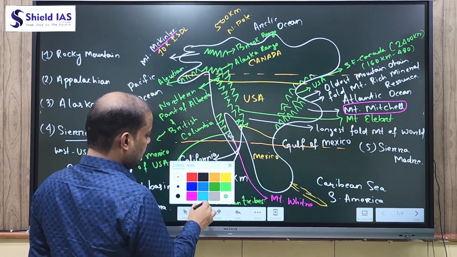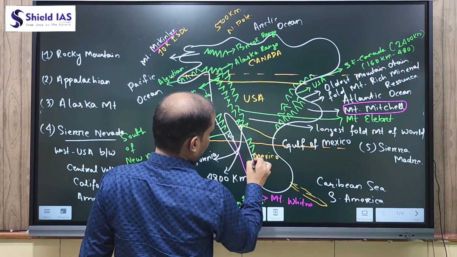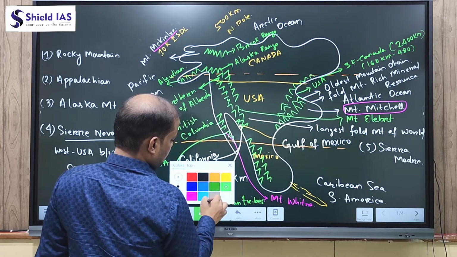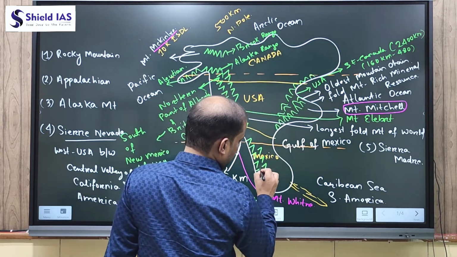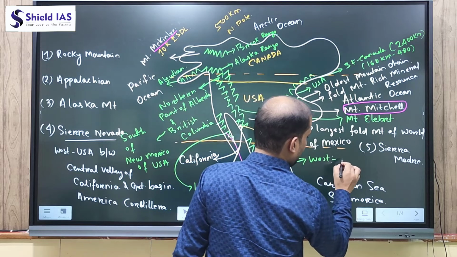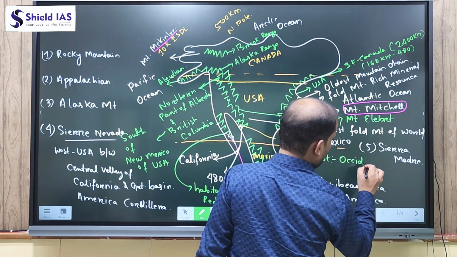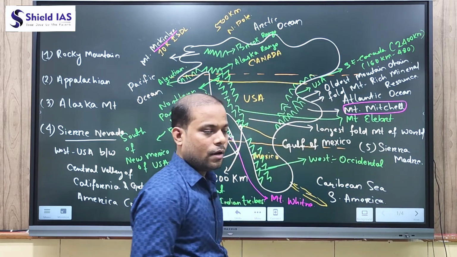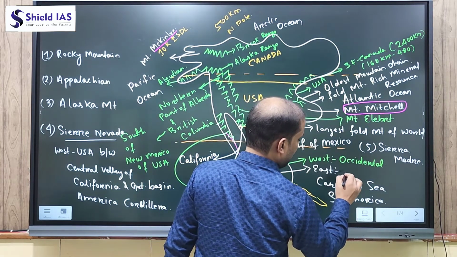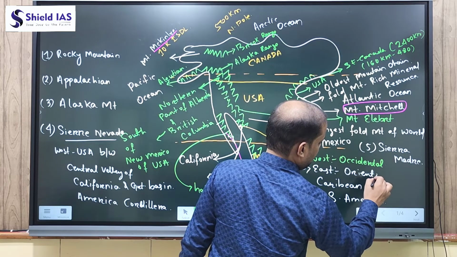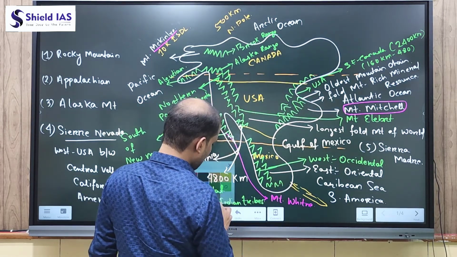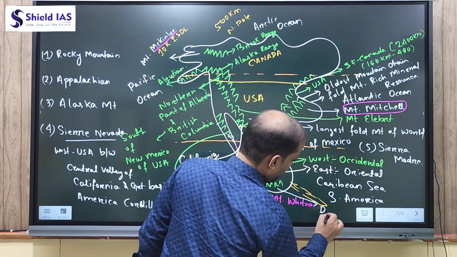The Sierra Madre is situated in the western part of Mexico, and the western part of the mountain is known as Occidental, and the eastern part of the mountain is known as Oriental, and the southern part of this Sierra Madre mountain is known as Del Sur.